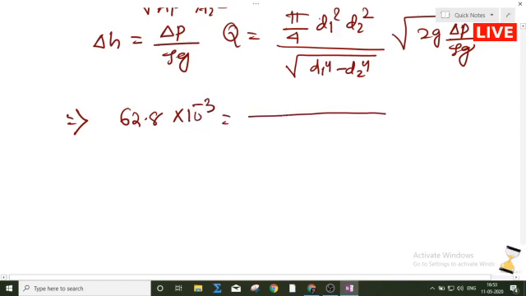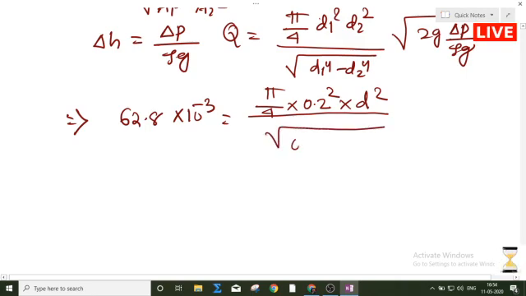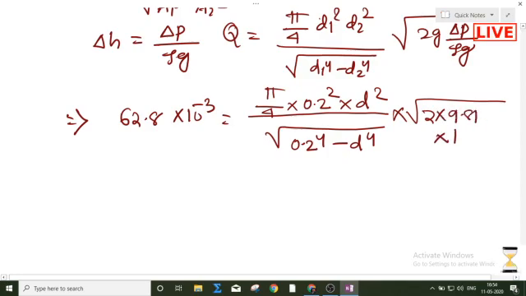So now this is pi by 4 into d1, the diameter of the pipe, which is 200 millimeter, or 0.2 meter square, into the throat diameter we have to find out, divided by 0.2 to the power 4 minus d to the power 4, into 2 into 9.81 into 18.27.